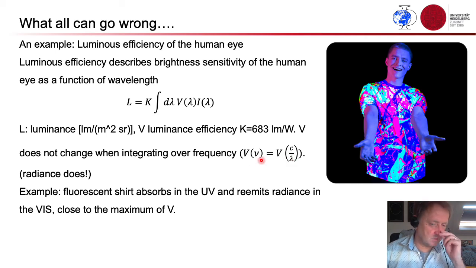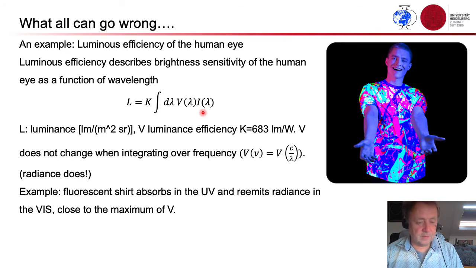But the maximum stays at the maximum, that's for sure. This is definitely not true for radiances, because radiances, same as for the Planck curve, are a distribution function of energy. So when you want to convert that, you have to apply the Jacobian of the transformation function, as we discussed. Okay.